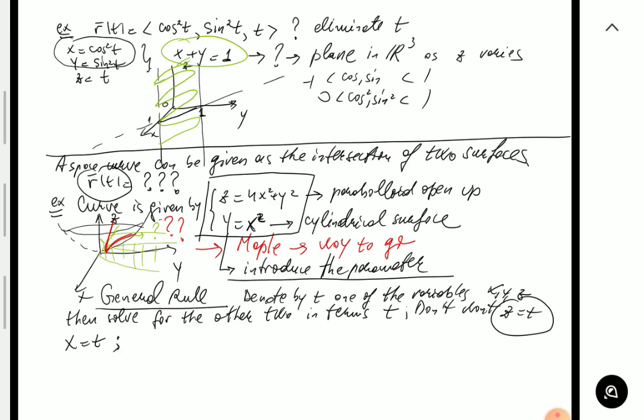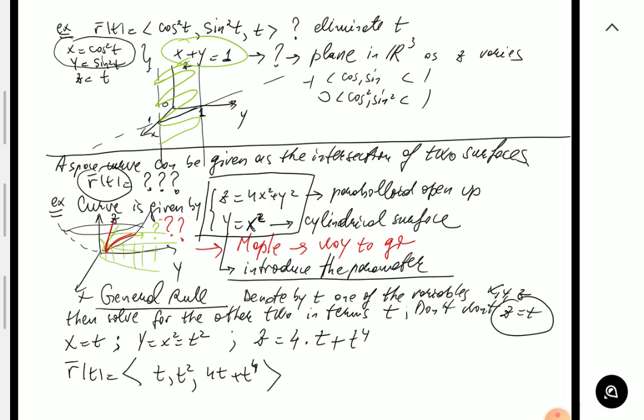If x is t, y being x squared means it's going to be t squared, and automatically z equals 4 times x squared, which is t, plus y squared, which is going to be t to the power 4. So the vector function representing this space curve will have the components t, t squared, 4t plus t fourth, and that's one of the versions.